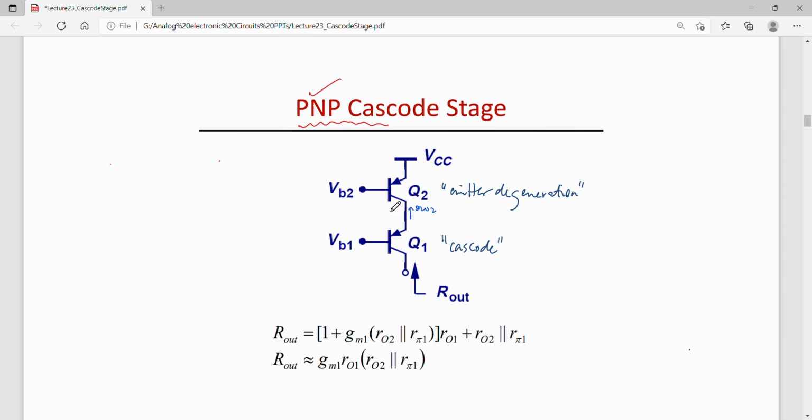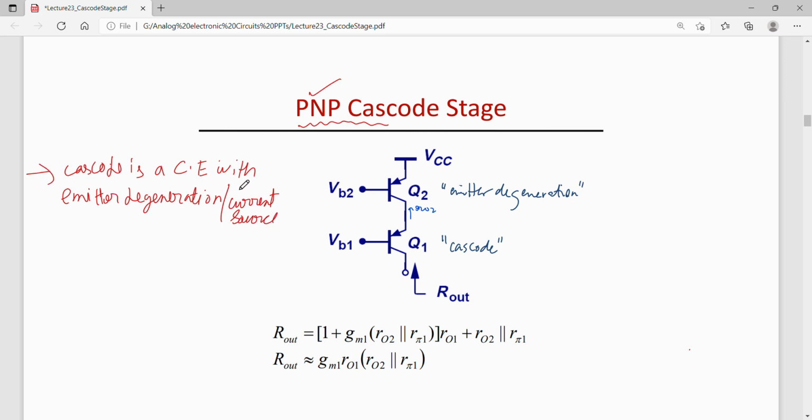Again we'll go by the general definition of cascode: a cascode is a common emitter with emitter degeneration or current source.